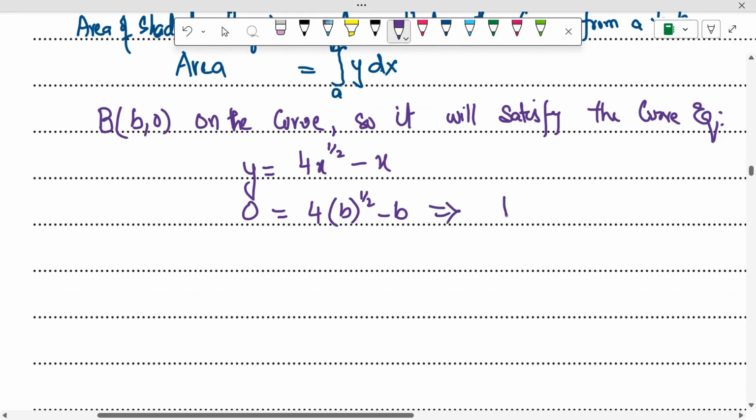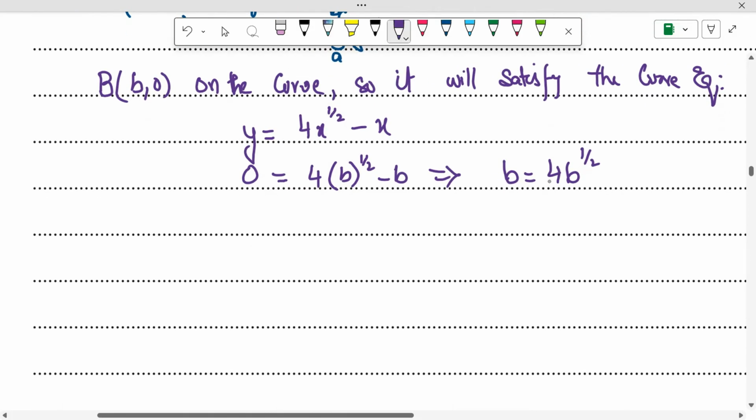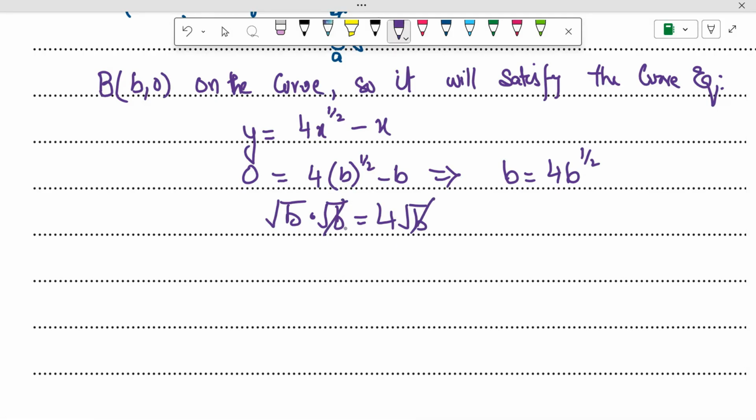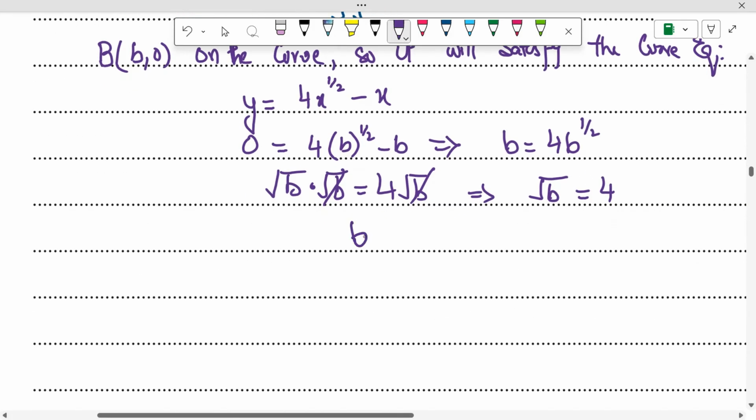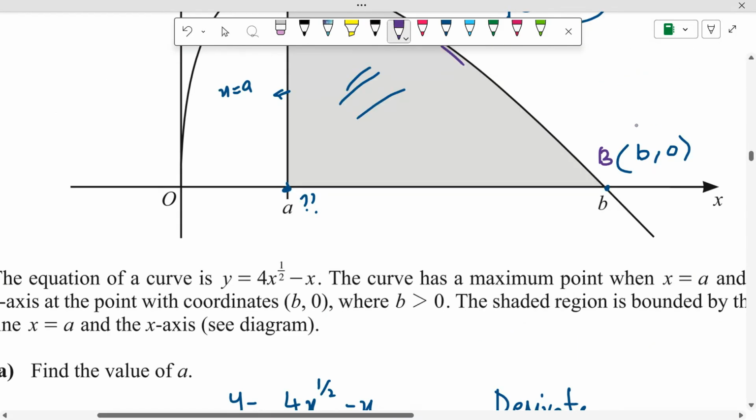So b equals 4b to the power of half. We can write it as root b times root b equals 4 root b. Root b cancels out and we have root b equals 4. Square both sides and we have b equals 16. So the point B is 16 comma 0, and this small b is 16.